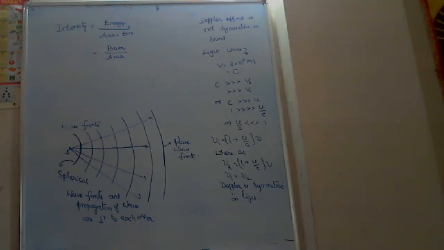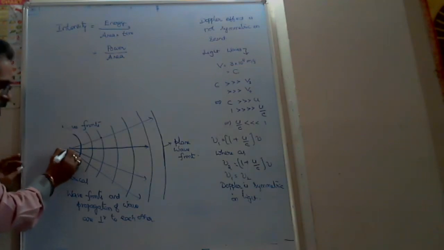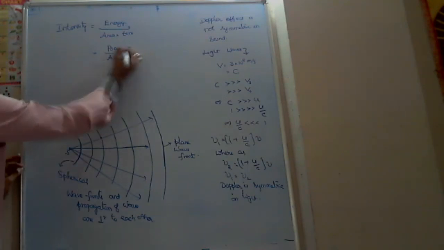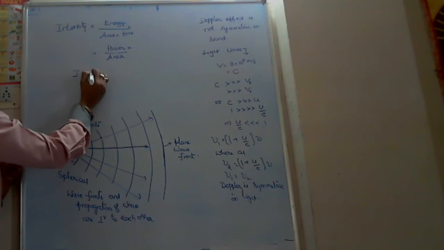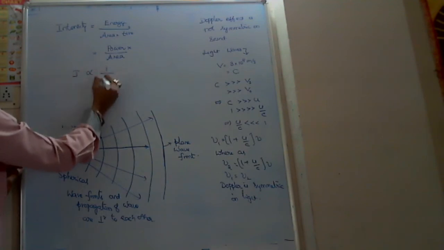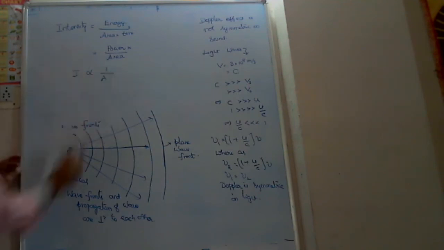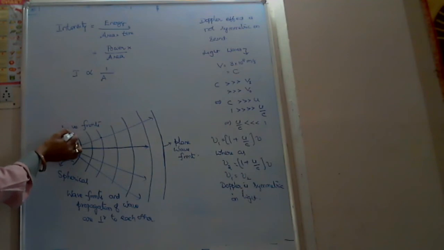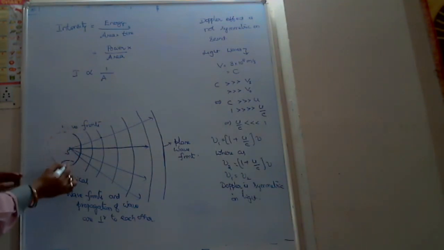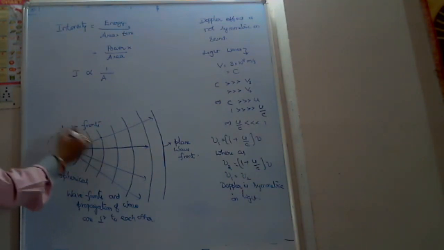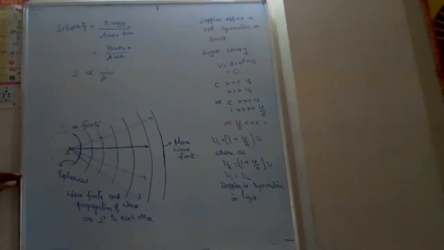So for the given source, power is constant. Power is constant means intensity can be written as inversely proportional to area for the given source. Since the wavefronts are spheres, what do you write for the area? Surface area, the surface area of a sphere.